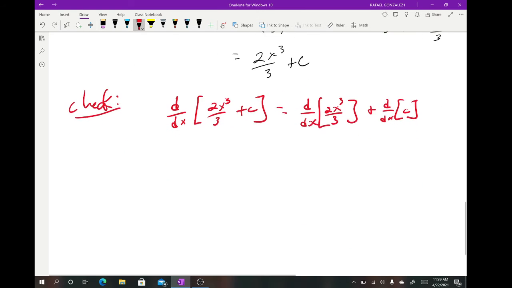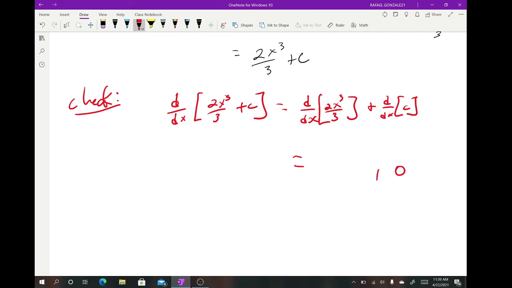We know that the derivative of a constant is 0, so this is just going to be 0. And now by the power rule, we have 6x to the 2 over 3, because 2 times 3 is 6, and then you minus 1. But now 6 divided by 3 is 2, so we get 2x squared plus 0, which is 2x squared.